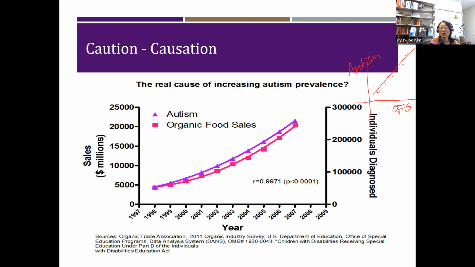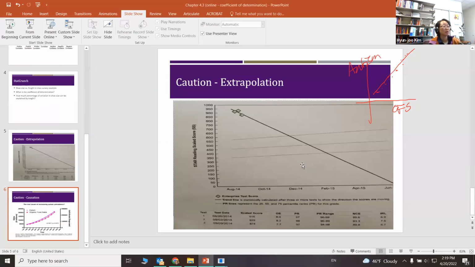But the wrong, incorrect interpretation would be that organic food sales are affecting autism positively, that more organic food sales cause autism, which is totally not true, right? So when you're using a linear regression line, don't use causation. We're only talking about association.